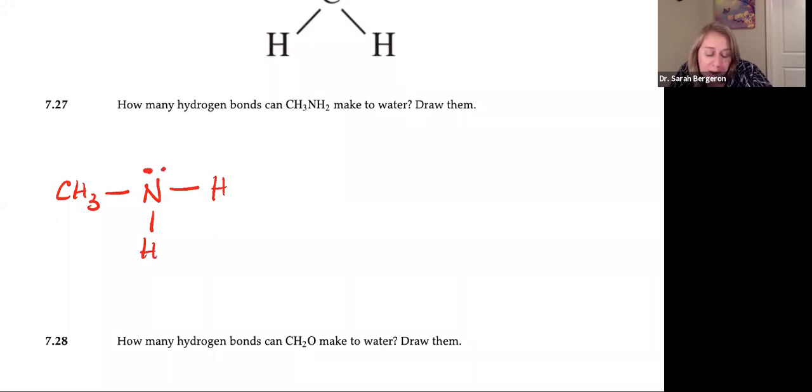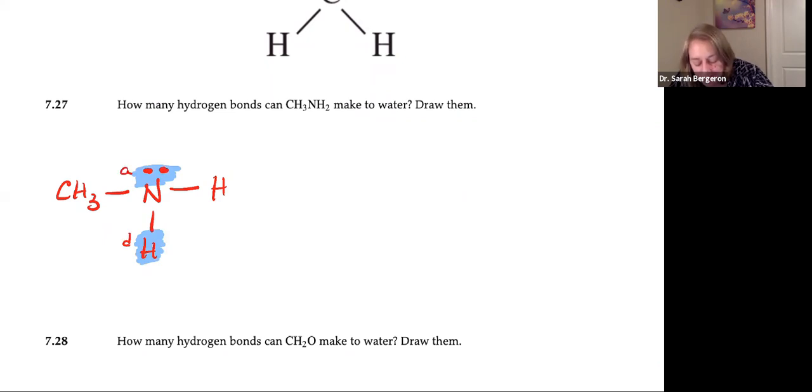Complete its octet. Now, how about water? What's going to happen with water? Well, what I can see here is an area that could participate in hydrogen bonding. I also see that I have a hydrogen bound to a nitrogen, so this is an area that can interact. This would be, for example, an acceptor site, and this would be a donor site.